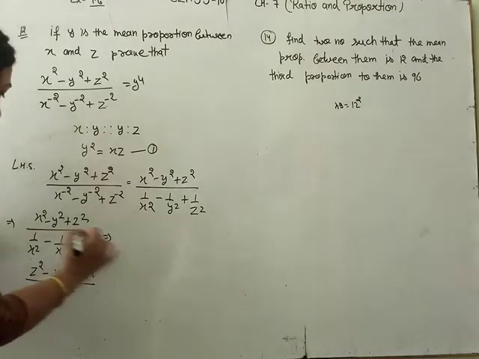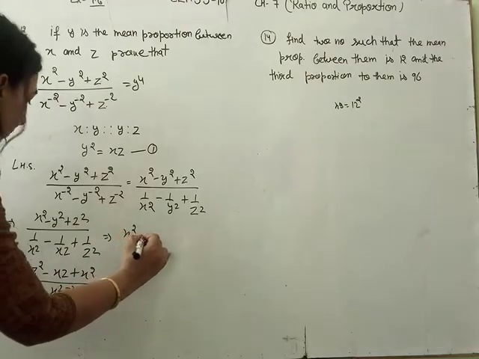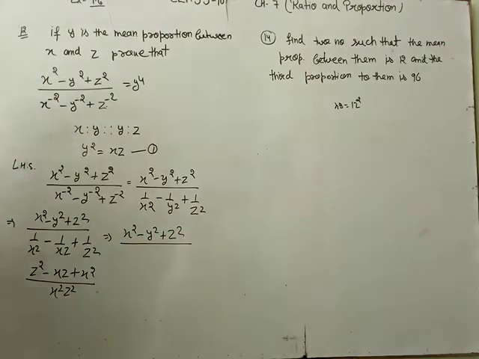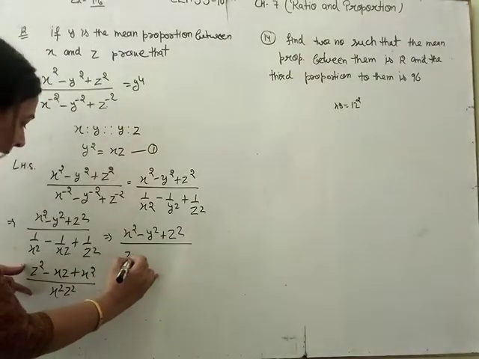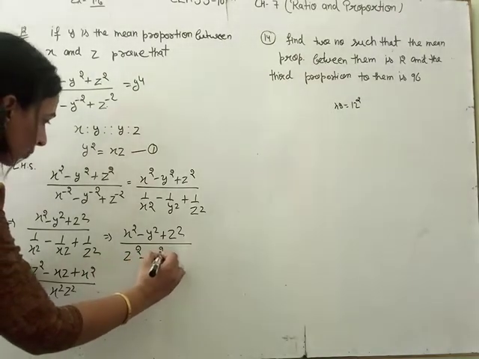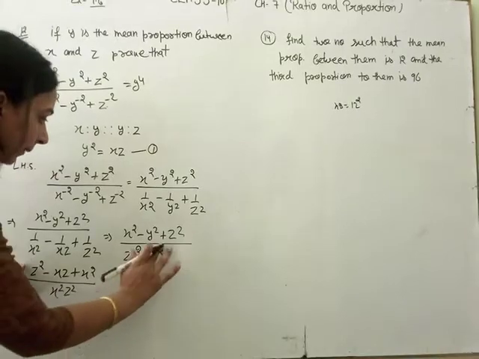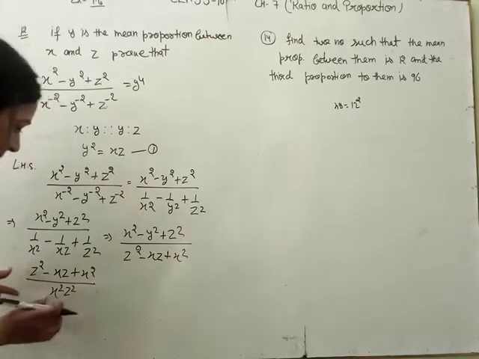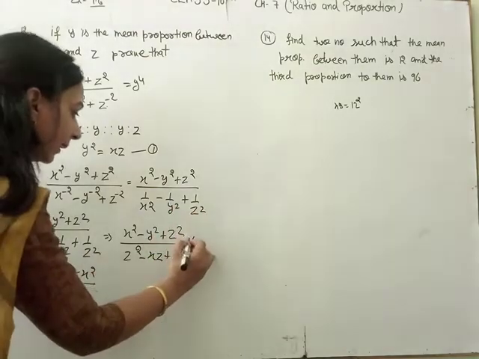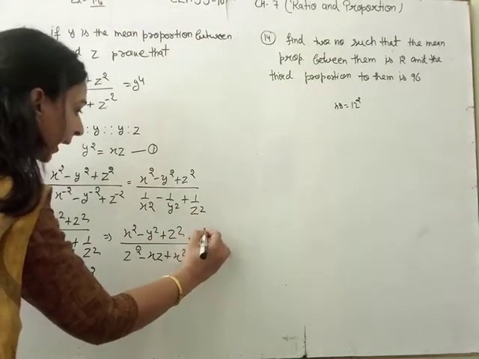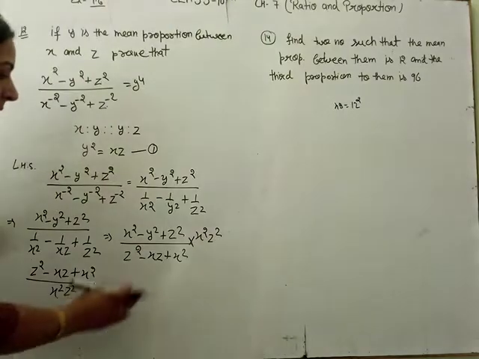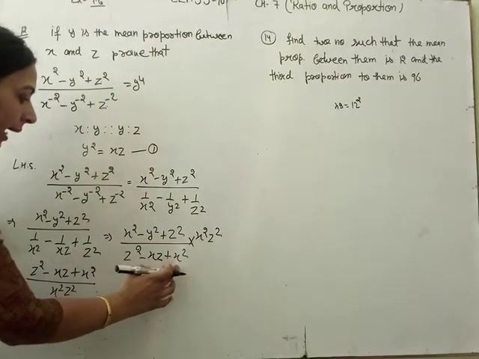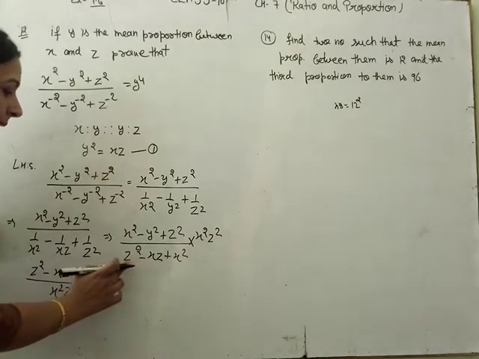So we write this as it is x² minus y² plus z² divided by this, equal to z² minus xz plus x² divided by x²z², and this is multiplied with numerator x² and z². Student, this same x² minus y² plus z², x² minus xz plus z².